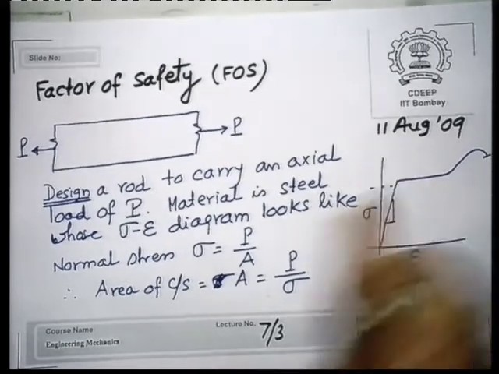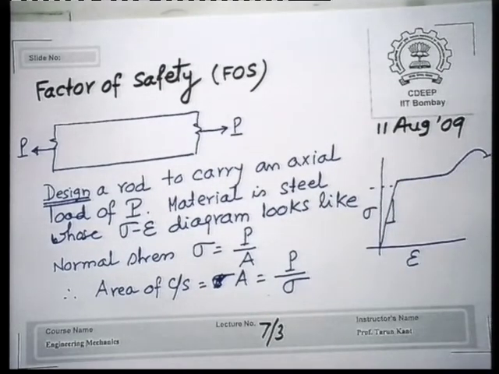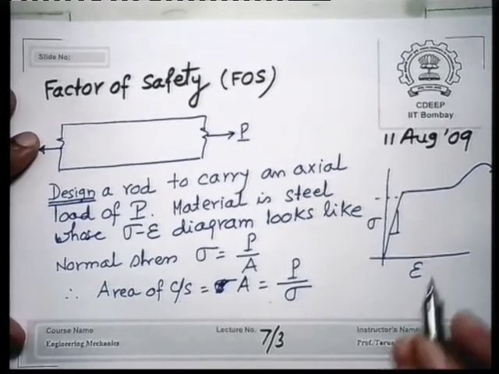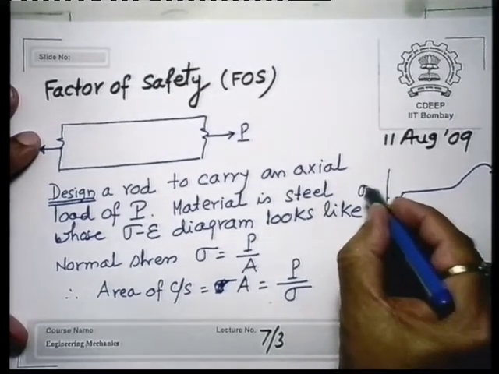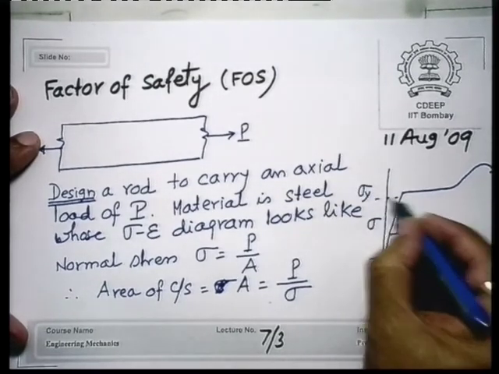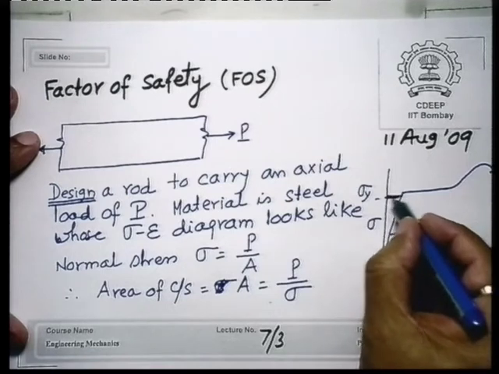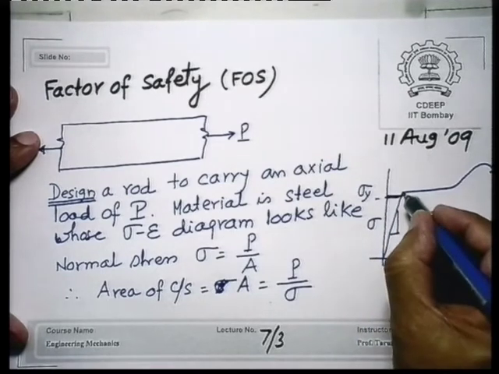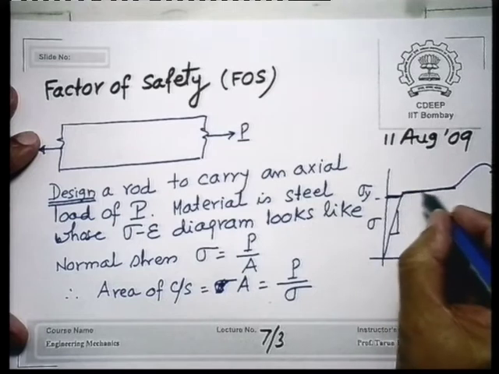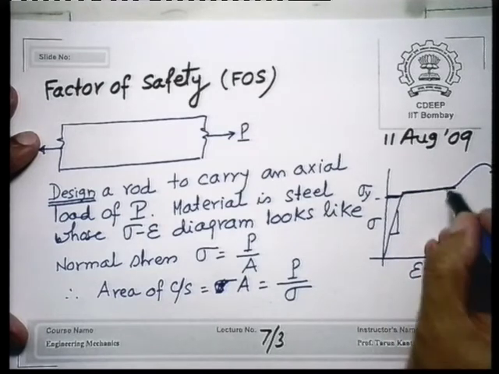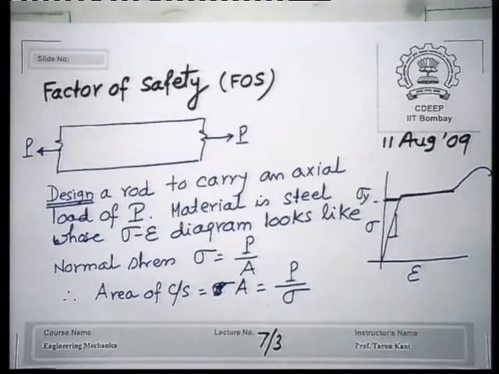So, this is sigma maximum. By the way, it is called yield stress sigma y. This point where this ends, yielding starts, this portion is called yielding, material starts yielding. So, maximum is sigma y.